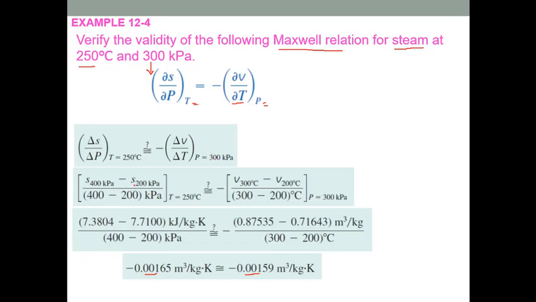But we are limited by the availability of data in the steam table, because the closest points available are 400 and 200 kilopascal, and for temperature 300 and 200. That's why there is a small difference from the approximation. So this was the validity of the Maxwell relation.